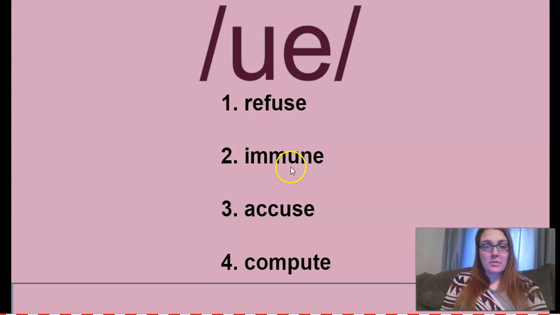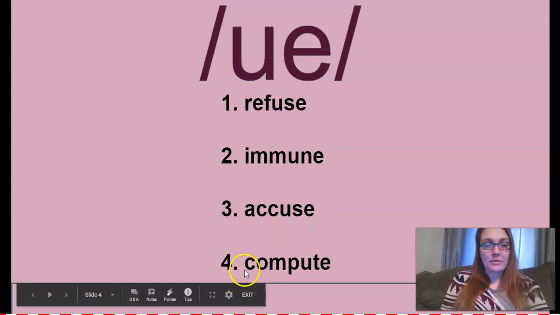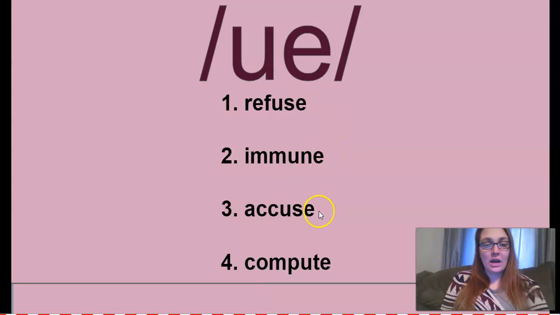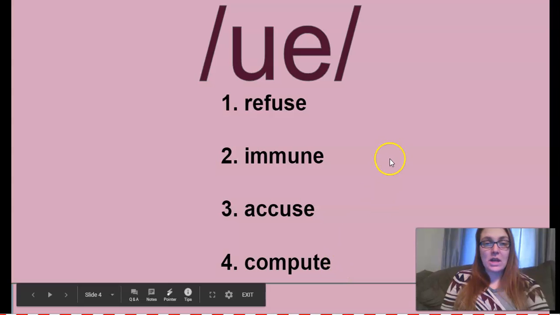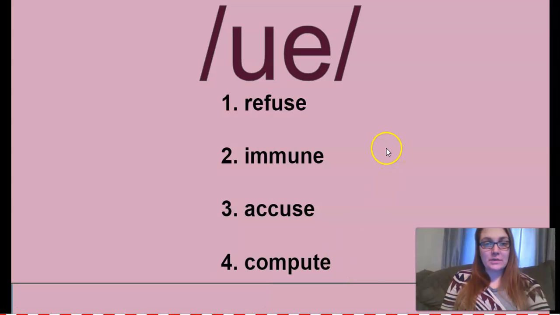They are one space apart, but they work together as partners to make that U sound. Number 3. Accuse. And number 4, compute. So we have refuse, immune, accuse, and compute as our U space E words.